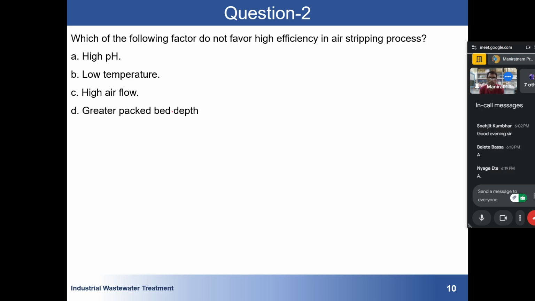Second question: which of the following factors does not have high efficiency in the air stripping process? If you have gone through the lecture, good. If you have not, apply simple logic: if we want to remove something, which of the following will not have so much effect?